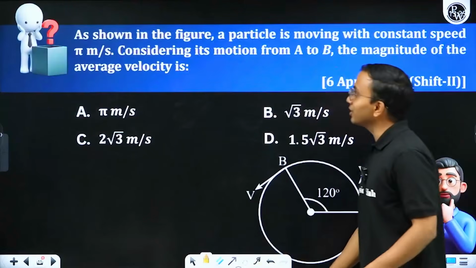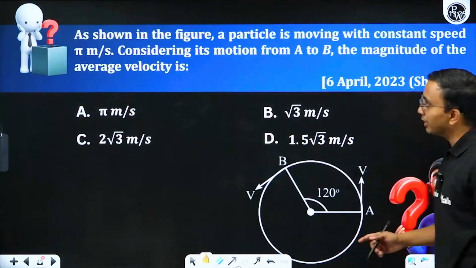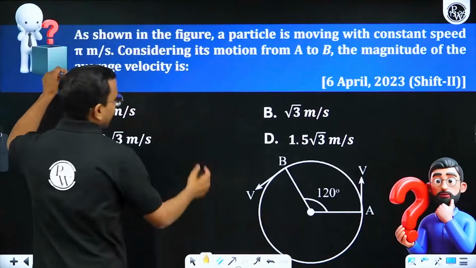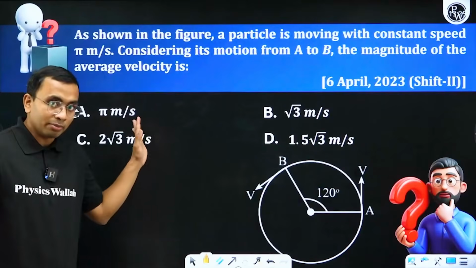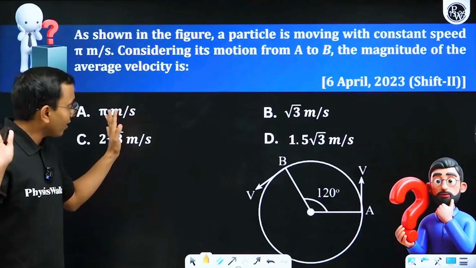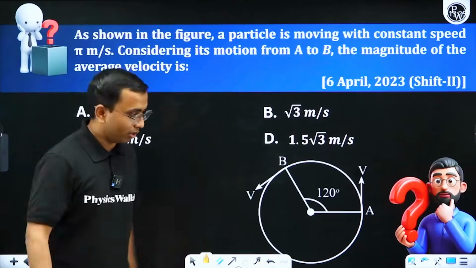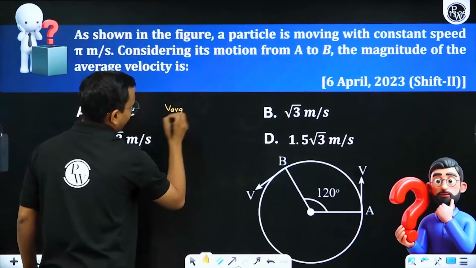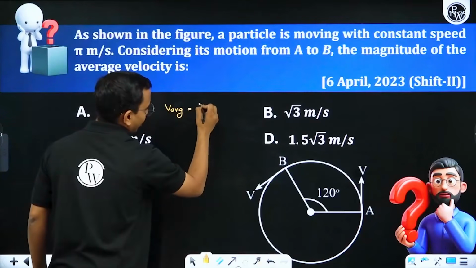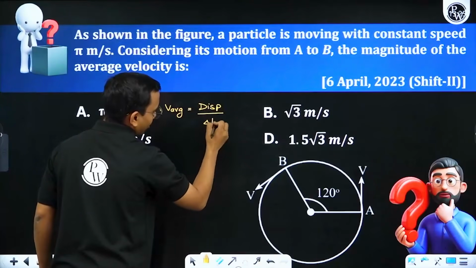Coming to such questions: as shown in the figure, a particle is moving with constant speed, that is pi meter per second. Considering its motion from A to B, the magnitude of average velocity. We need to find the magnitude only. Magnitude of average velocity, so I'll say that is magnitude of displacement divided by time interval. That's all. So V average is my displacement divided by the time interval.